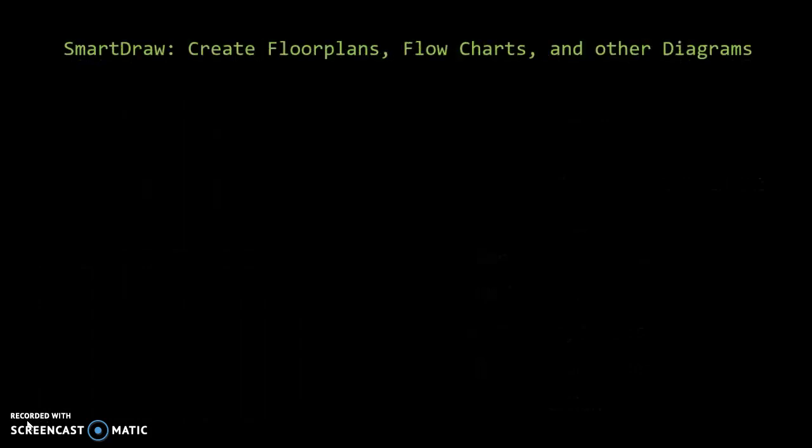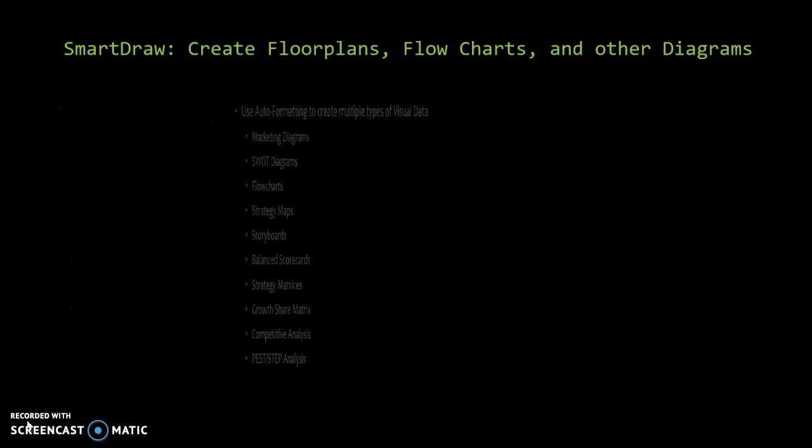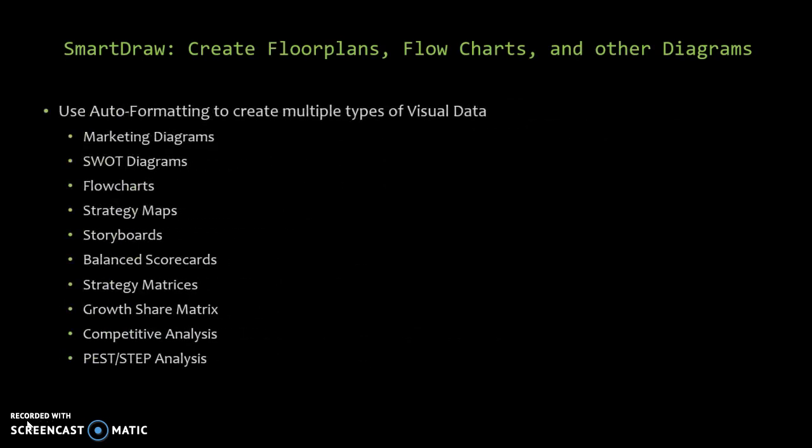The third option that I found was SmartDraw. They allow you to make many different types of visual data with auto formatting. So you just plug in some of the data and they worry about where it goes on the page. You don't have to worry about those kinds of things.